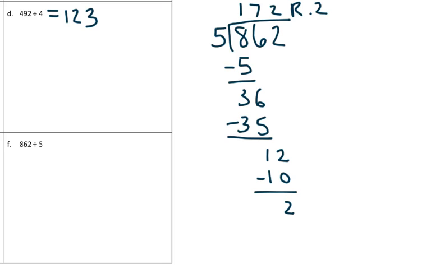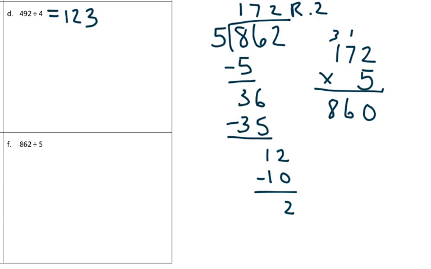To do the check, we have to do 172 times 5. It's 860, and then we add the remainder, which is 2, to give us 862, and that checks out. Let's do that on the place value chart.